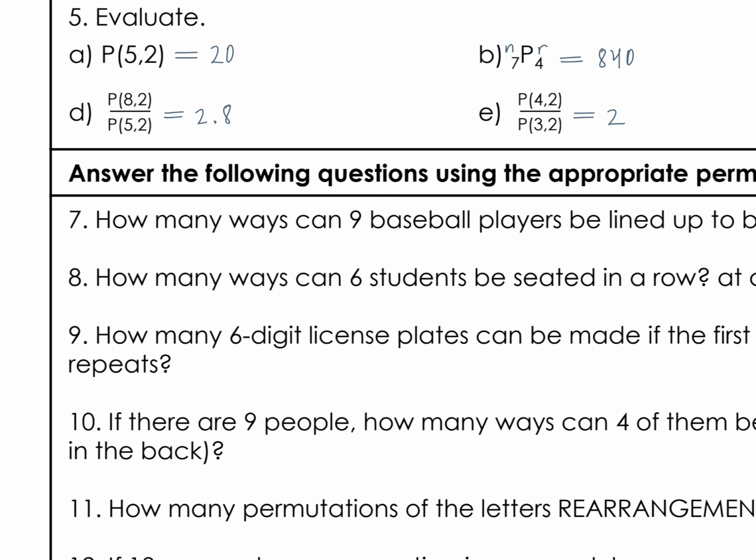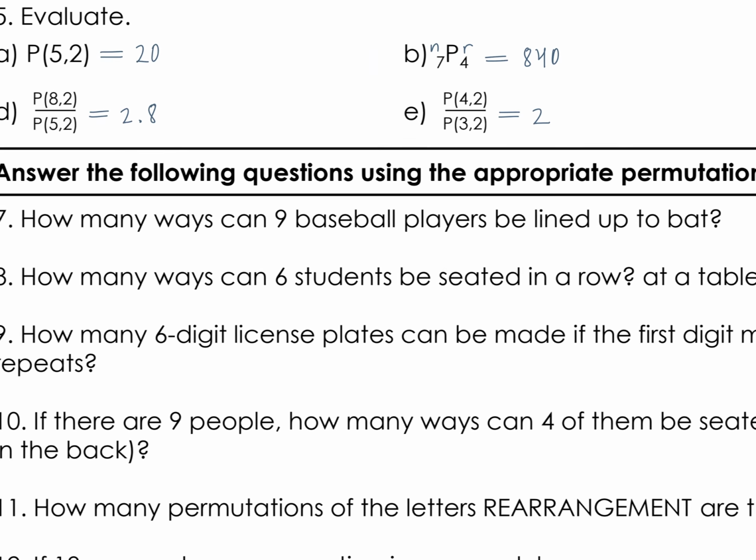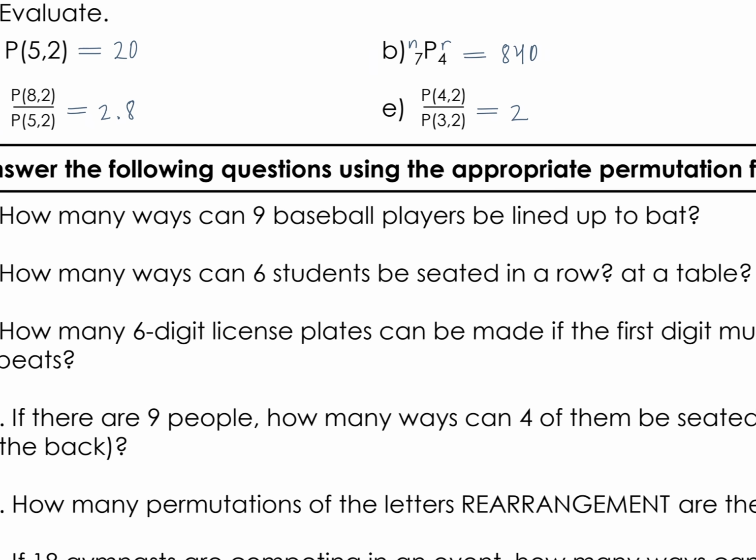All right, so for number 7, how many ways can 9 baseball players be lined up to bat? So just to clarify, as I'm working through these, why order matters. So here, my N and my R would just be 9. But order matters because if I pick the same 9 people and I rearrange them, I have a different outcome because if I picked you first in one situation, you're batting first.